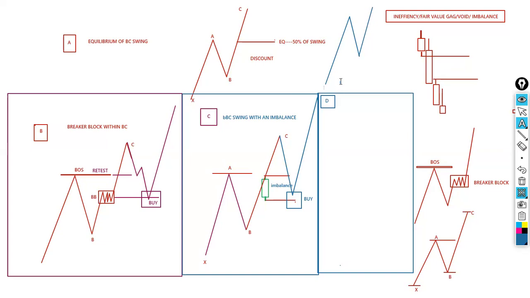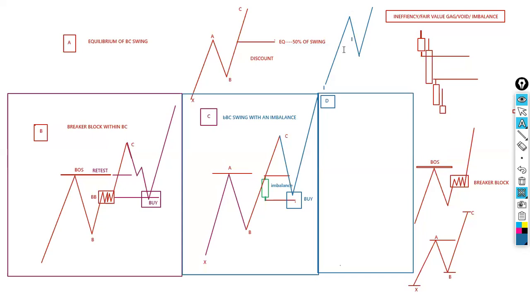Yesterday, sorry, not yesterday. Today is Friday. In our last class, we talked about how we can get to know that the trend is getting weak.